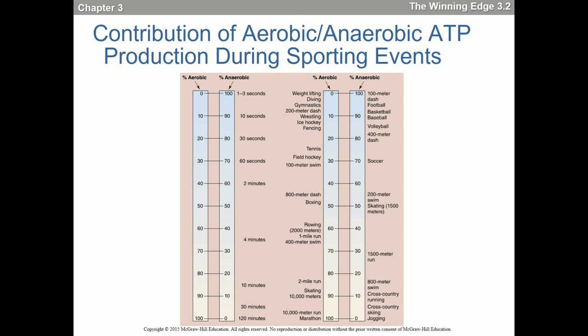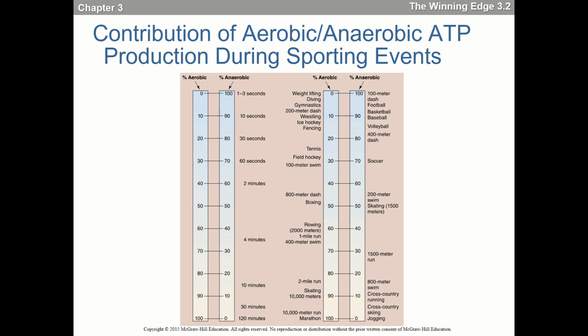But then the anaerobic aspect of glycolysis, those 4 total ATP or 2 net ATP that we get, that's more or less the sum total of all of our anaerobic sources of energy. So weightlifting or diving or gymnastics, which are functionally 100% anaerobic, all of that is being supplied by the phosphocreatine system, ATP-PC system, and anaerobic glycolysis.